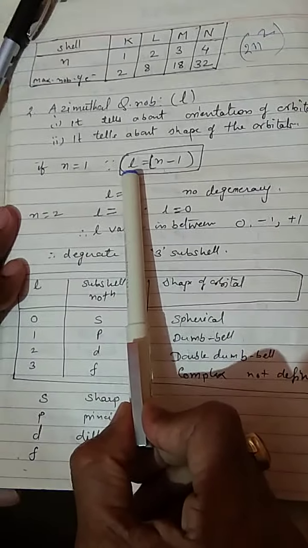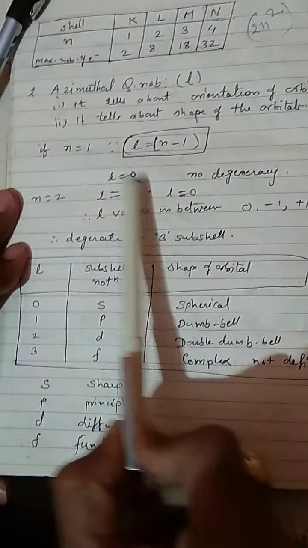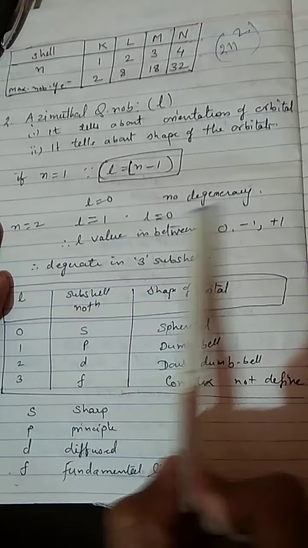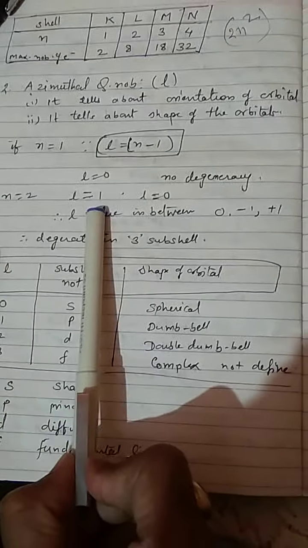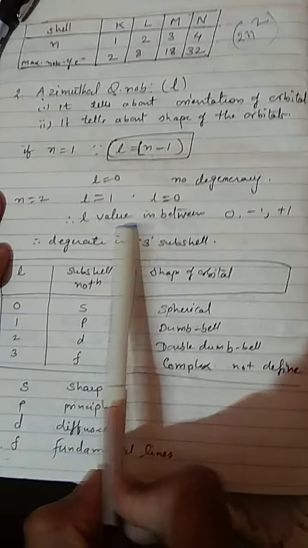Whatever n is, subtract 1 from it, you will get l. l is equal to 0 means no degeneracy. l is equal to 1 may be there, because l is 0 first, only then l is 1 generated. So l value lies between 0 and n minus 1.